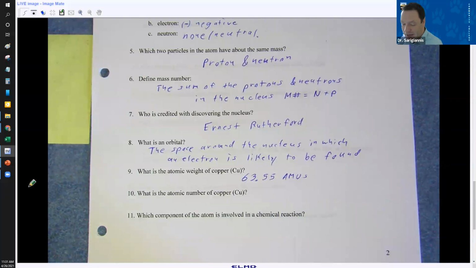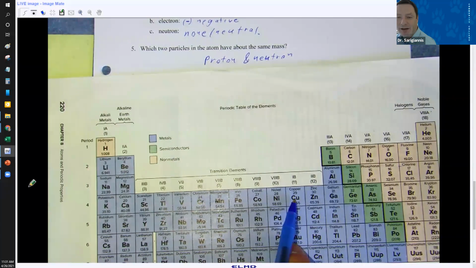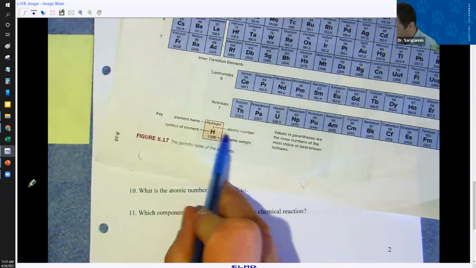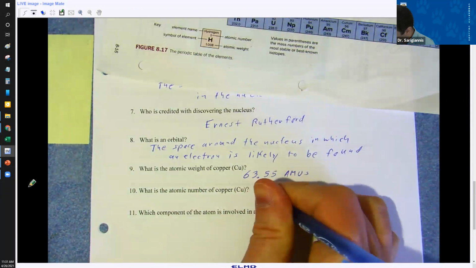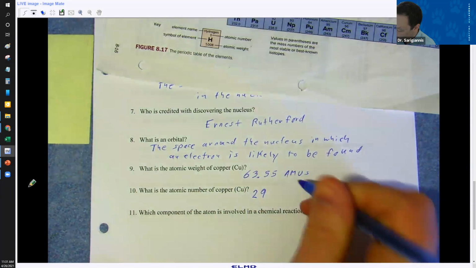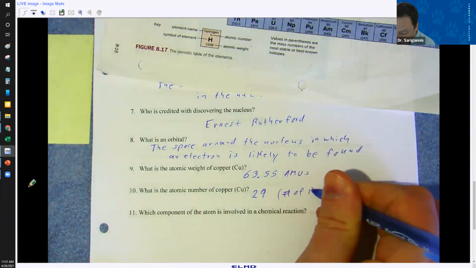And the atomic number of copper, we'll use the table here again. Remember I showed you it was 29. So that's the atomic number. So we'll write that there, 29. I'll just make a little note here. This is the number of protons.